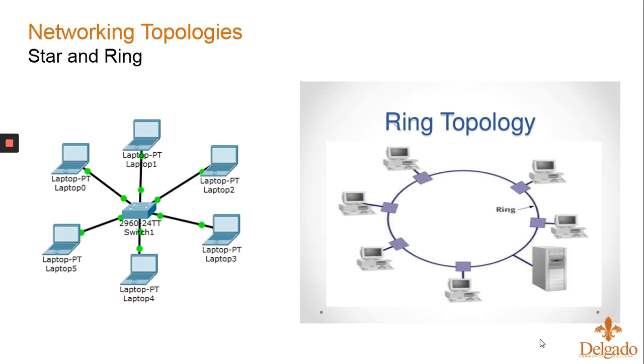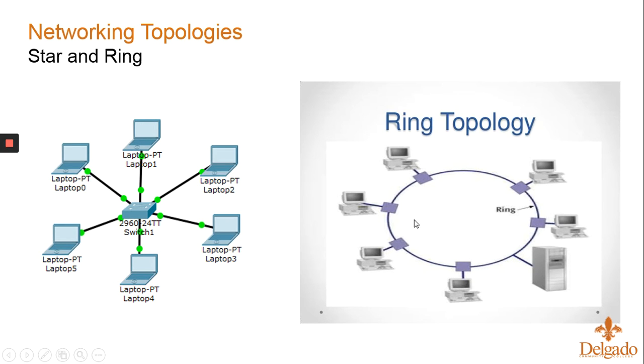For instance, if I had these two computers down here, and there was some kind of break in the network at this segment in the ring, then the ring would still be valid from here all the way to here. So this computer and this computer would still be connected. At that point, it becomes a linear flat topology.